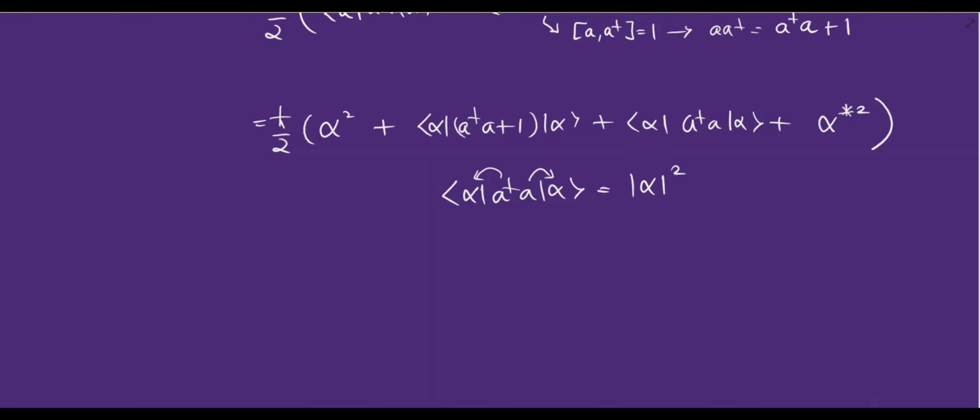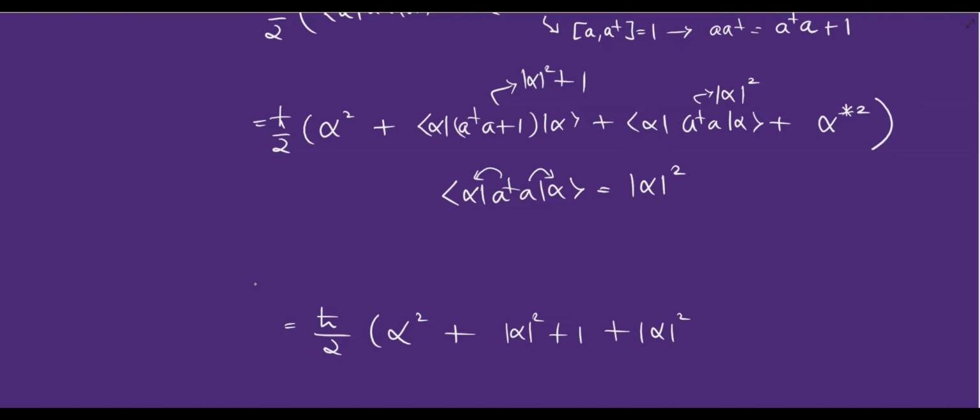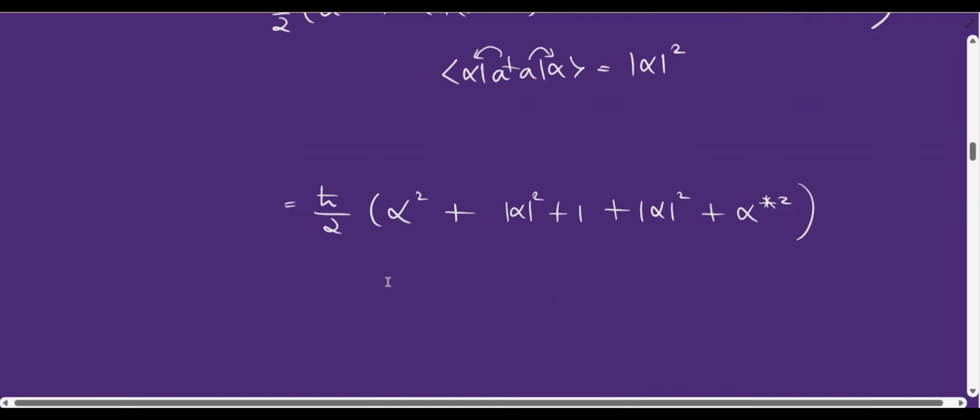The first term gives alpha squared, and the last gives alpha star squared. So in entirety, this will become mod of alpha squared plus 1 plus mod of alpha squared plus alpha squared plus alpha star squared. This is what we will get.